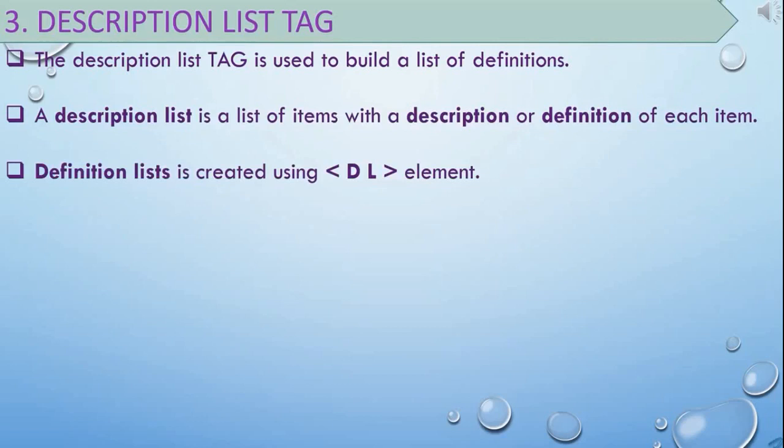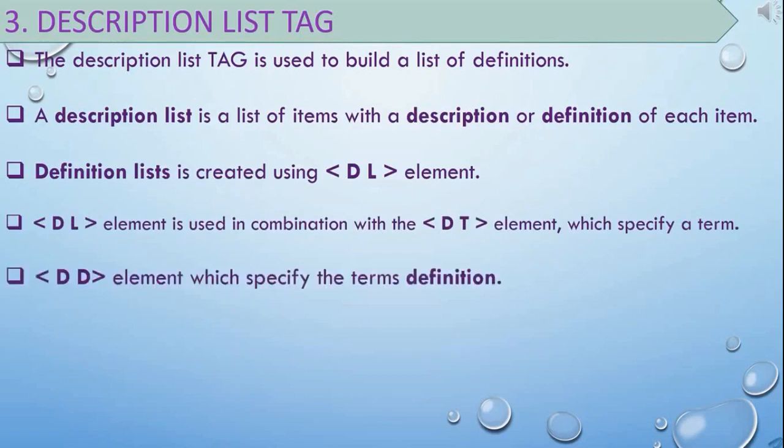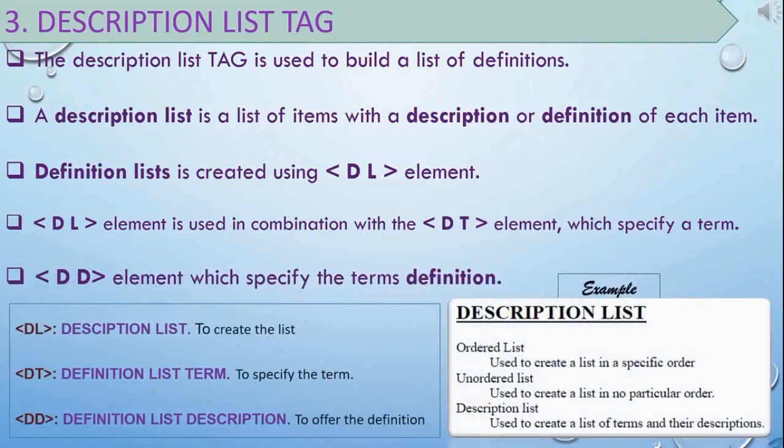The DL element is used in combination with the DT element, which specifies a term, and the DD element, which specifies the term's definition. Use DL, description list, to create the list. Use DT, definition list term, to specify the term. Use DD, definition list description, to offer the definition.